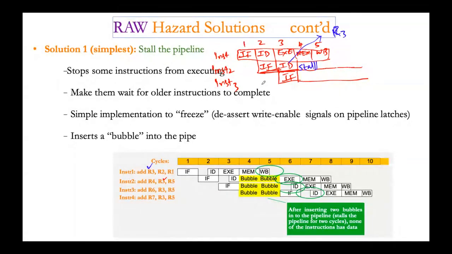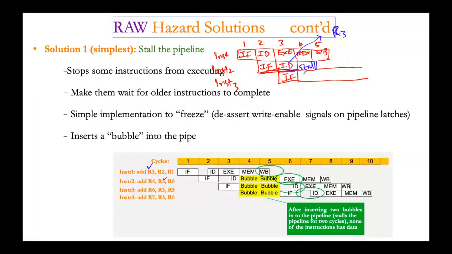So what about instruction 3? Instruction 3 is in the instruction fetching stage, but if it tries to go into the next cycle, instruction 2 is already there, utilizing the services of your instruction decoding phase.